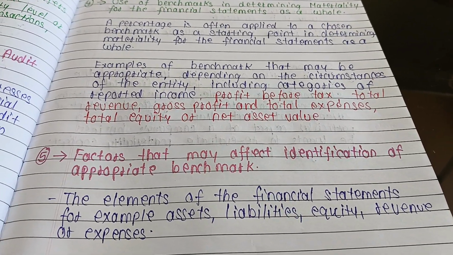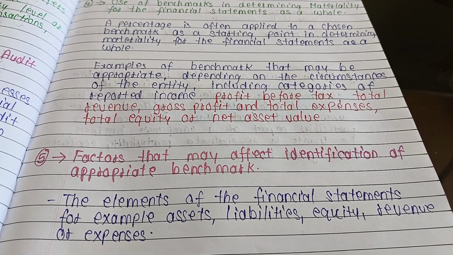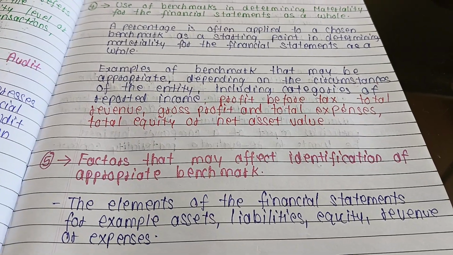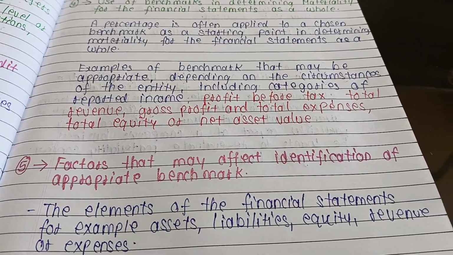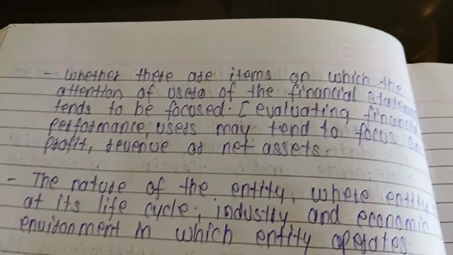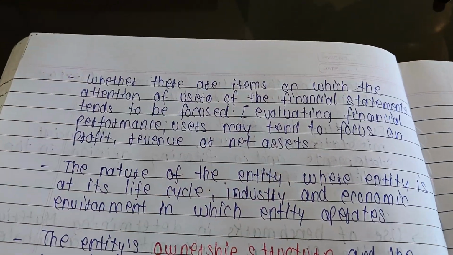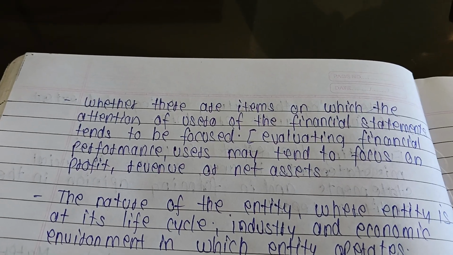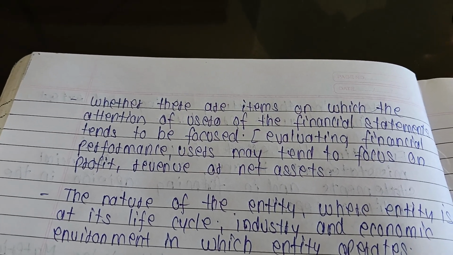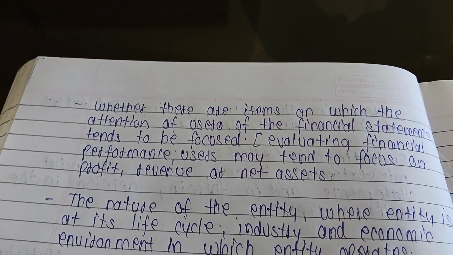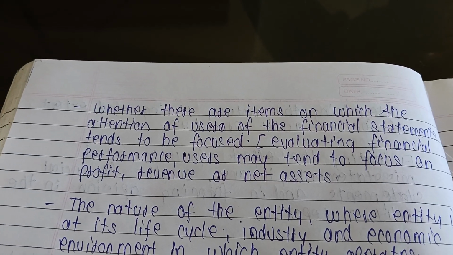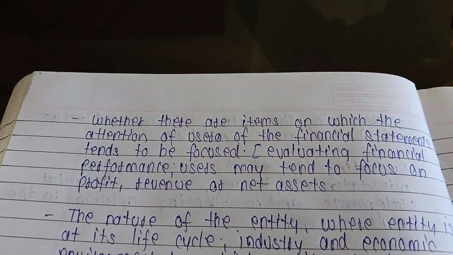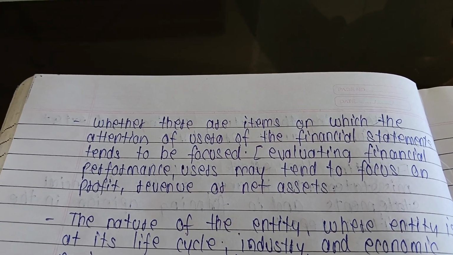The elements of the financial statements, for example, assets, liabilities, revenue, expenses, equity; whether there are items on which the attention of users of the financial statements tends to be focused. For evaluating financial performance, users may tend to focus on profit, revenue, or net assets.